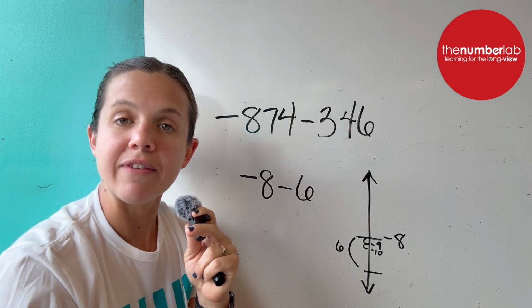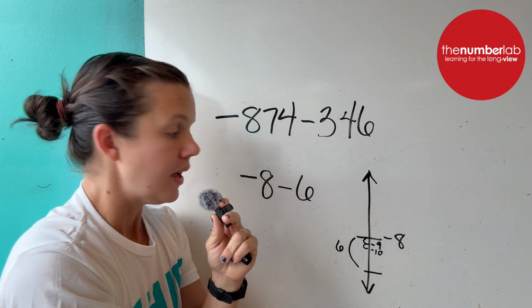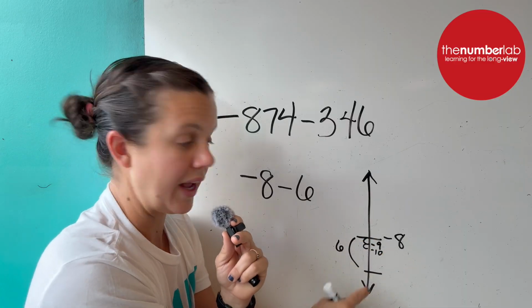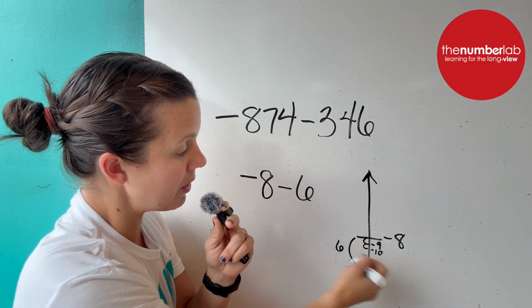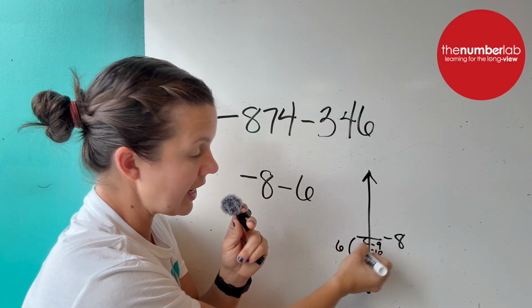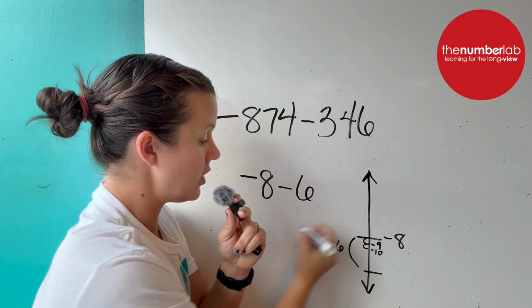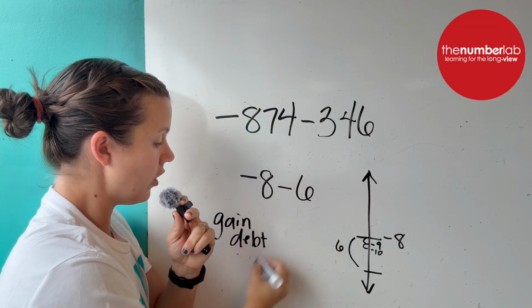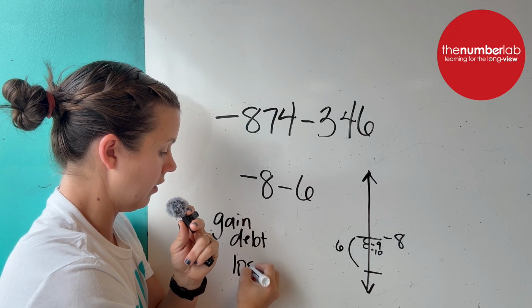So modeling out even just these single jumps to think about where we're going to be on the number line. Having this model of the vertical number line and thinking, I'm gaining a debt, I'm gaining another debt. We can use the terms gaining debt, but we can also use the term losing.